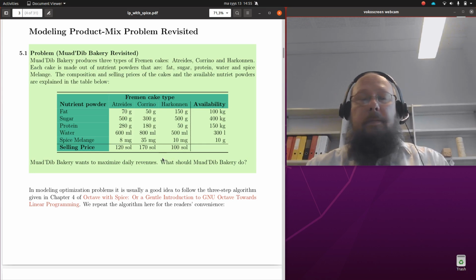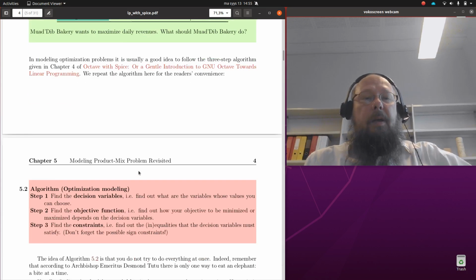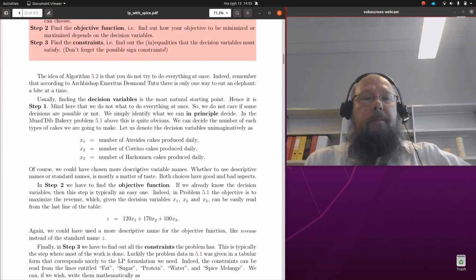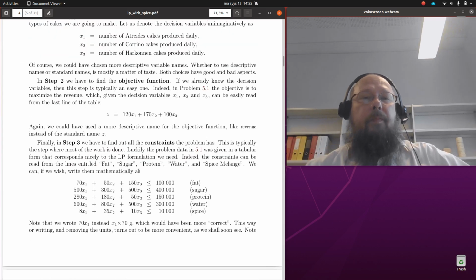So what is the revenue? You just sum the total selling prices of all the cakes, and here it is. Z is 120 times the Atreides cakes, plus 170 times the Corrino cakes, plus 100 times the Harkonnen cakes.